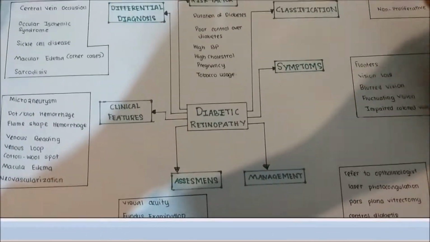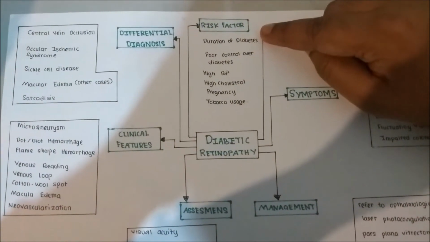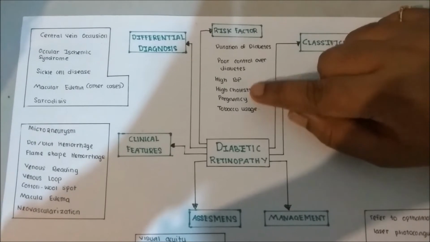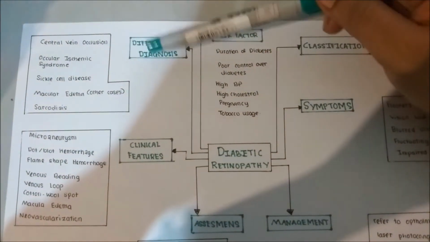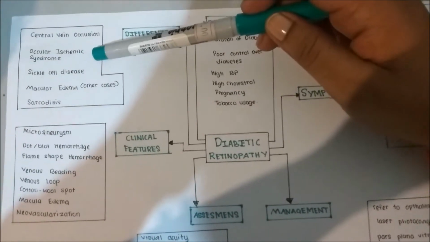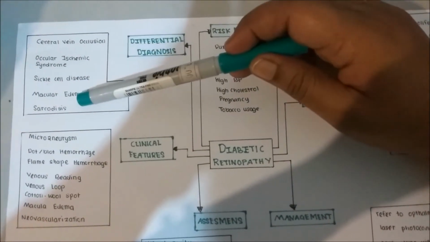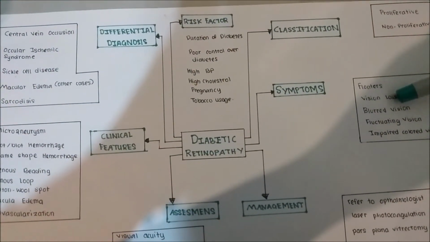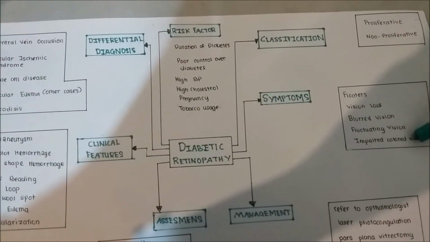To summarize: the classification, which are proliferative and non-proliferative. The risk factors: duration of diabetes, poor control of diabetes, high blood pressure, high cholesterol, pregnancy and tobacco usage. The differential diagnosis: central retinal vein occlusion, ocular ischemic syndrome, sickle cell disease, macular edema in other cases, Coats disease. The symptoms: floaters, vision loss, blurred vision, fluctuating vision, impaired color vision.